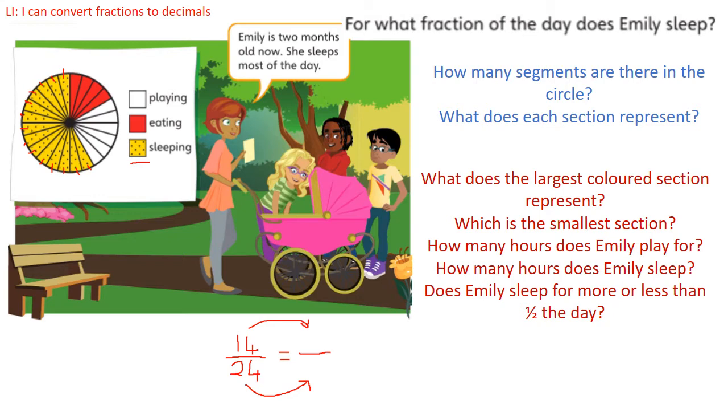So 24 divided by 2, well, that's going to be 12. 14 divided by 2, because what we do to the denominator, we do to the numerator, is going to be 7. So now I can say that Emily spends 7/12 of the day asleep.